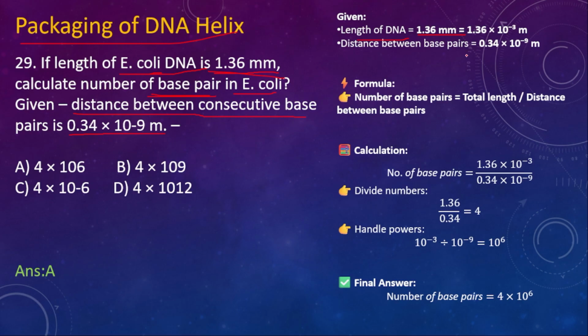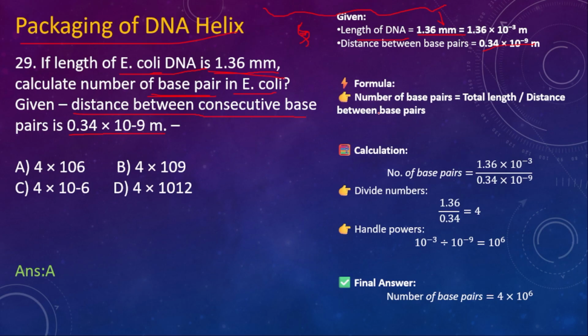The distance between base pairs, in a small area there will be bases, and the distance among them is given as 0.34 into 10 to the power of minus 9 m.